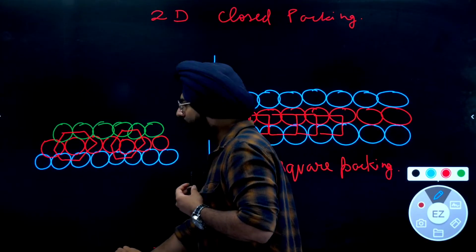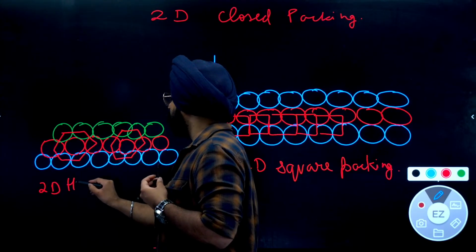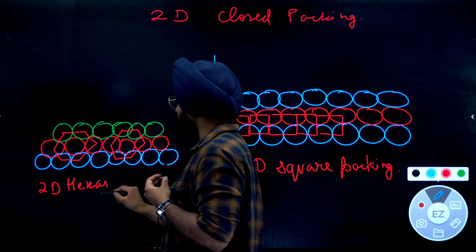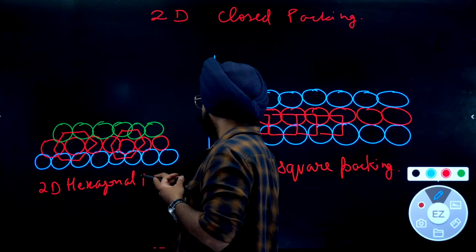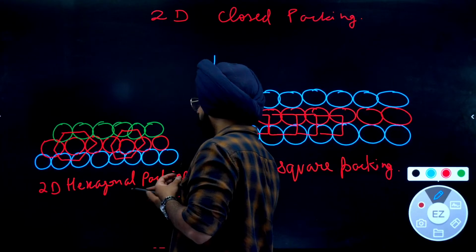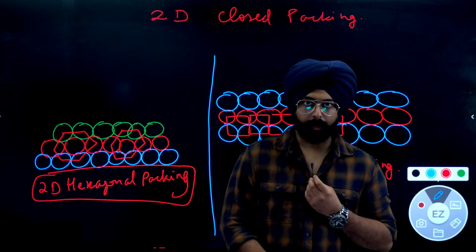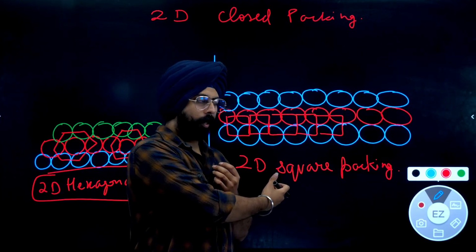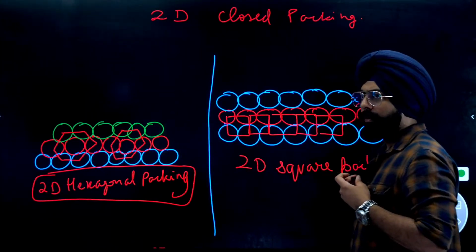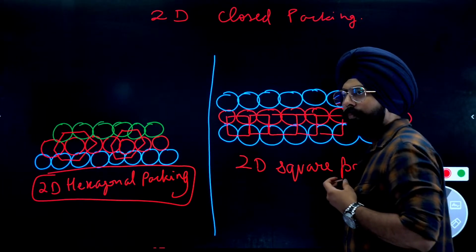And therefore we will call this 2-dimensional hexagonal packing. This is your 2-dimensional hexagonal packing. 2-dimensional square packing, 2-dimensional hexagonal packing. Please make sure you write this down.